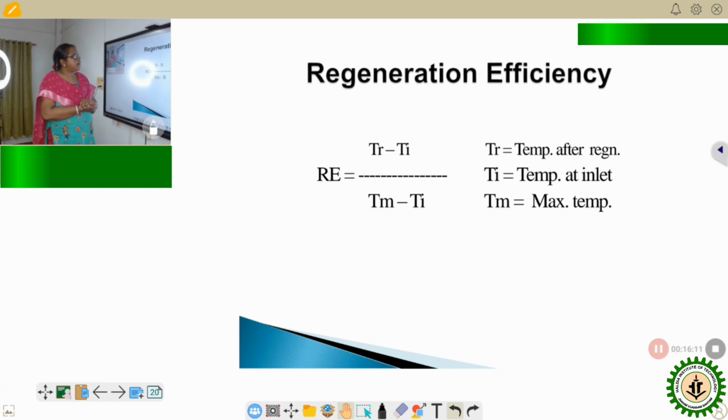Tr is the temperature after regeneration, Ti is the inlet milk temperature, and Tm is the maximum temperature, that is the pasteurization temperature. This formula is applicable if there is no heat loss to the environment, so that whatever heat of pasteurized milk is recovered is transferred to the cooling media. Then only this formula will be correct.